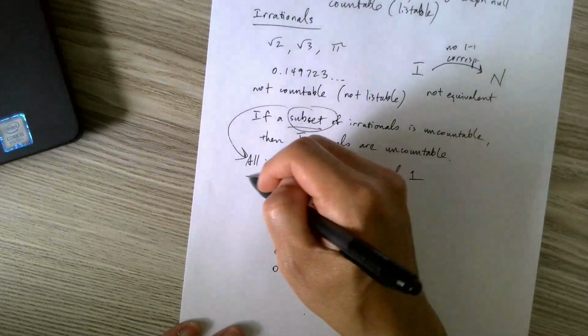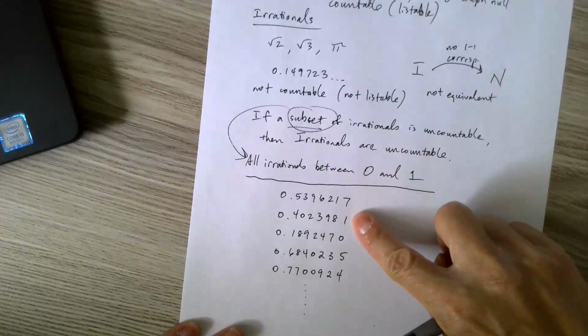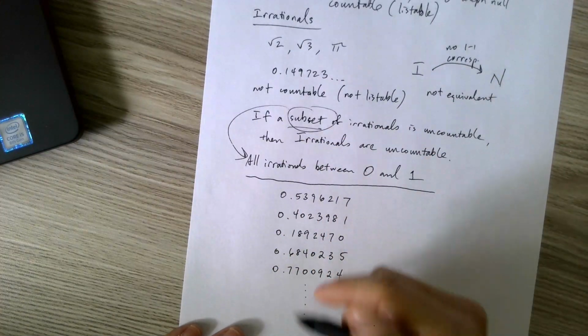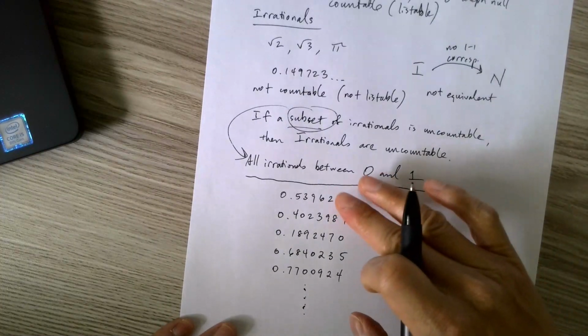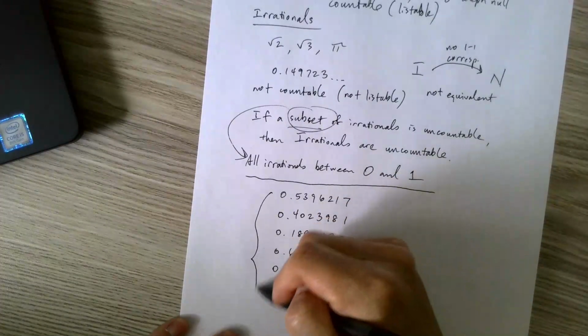So these are all the irrationals between 0 and 1, dot, dot, dot, because it's impossible to list them all, but assume that this is all of them.